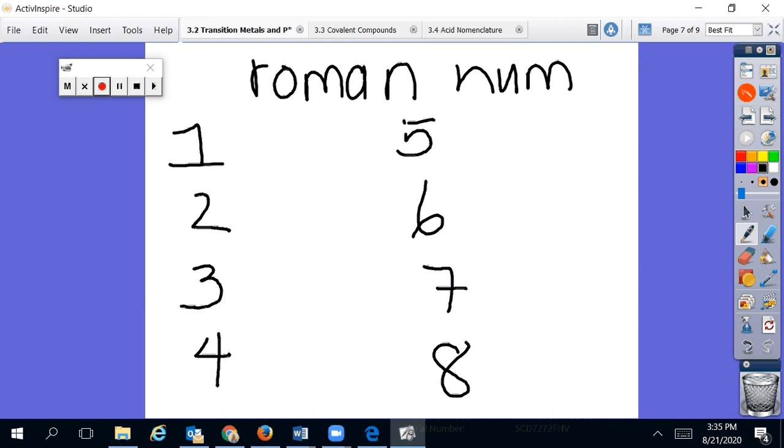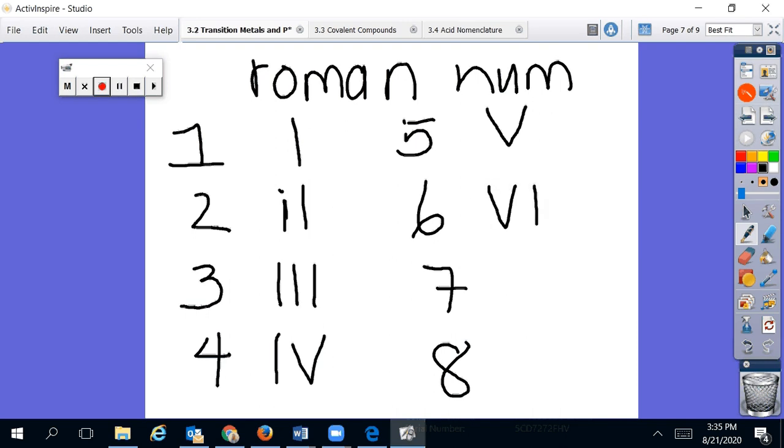Well, 1 in Roman numerals is just 1 slash. Easy. 2 in Roman numerals is 2 slashes. 3 in Roman numerals is 3 slashes. So far, not bad. I'm going to skip 4 a minute and go to 5. 5 is a V. Now 4 has a 1 before the V, meaning 1 less than 5. 6, I bet you could guess, would be a V and a 1. 7 would be a V and a 2.